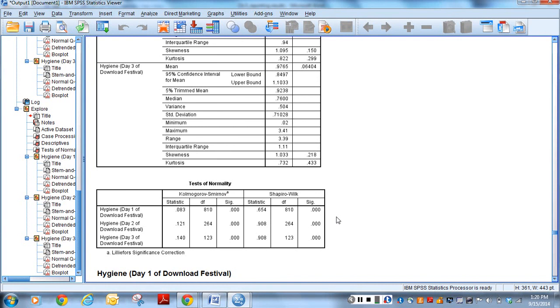And that's where the Levene's test would come in. The Levene's test would tell us whether those two groups are similar, if their variance is similar.